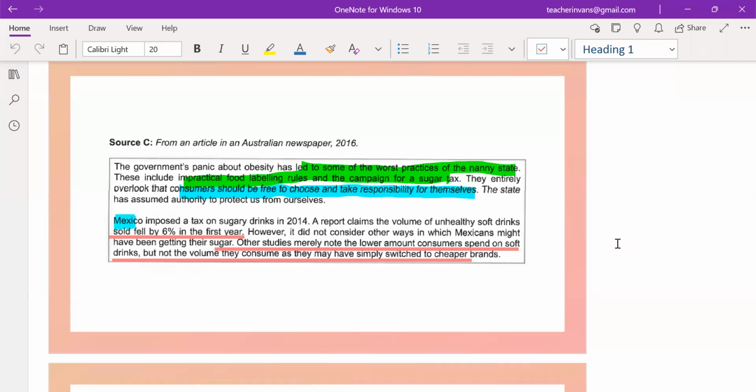A report claims that the volume of unhealthy soft drinks did fall. Okay, however, it did not consider other ways in which Mexicans might be getting their sugar. We are only taxing, or in Mexico, they are only talking about soft drinks. Mexicans can also get their fix on sugar by, for example, switching to cheaper brands or even switching to other alternatives.